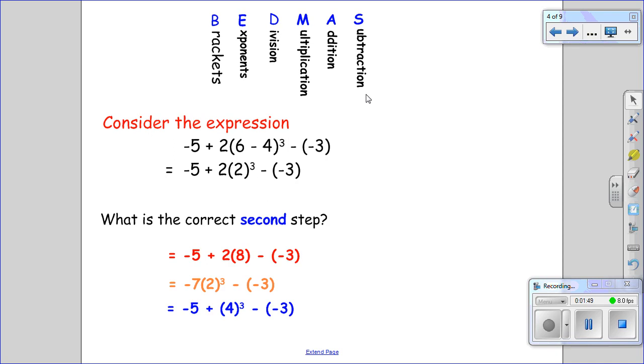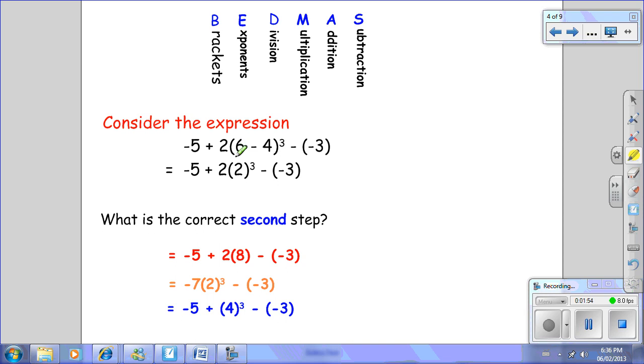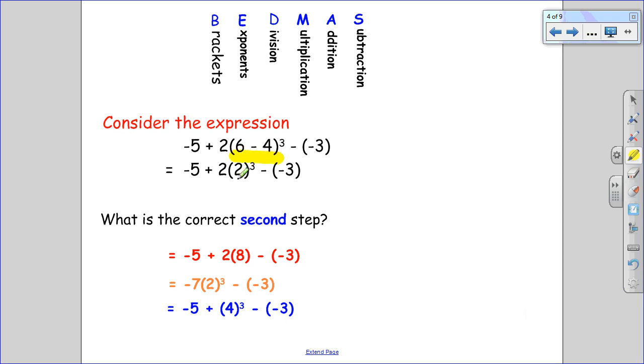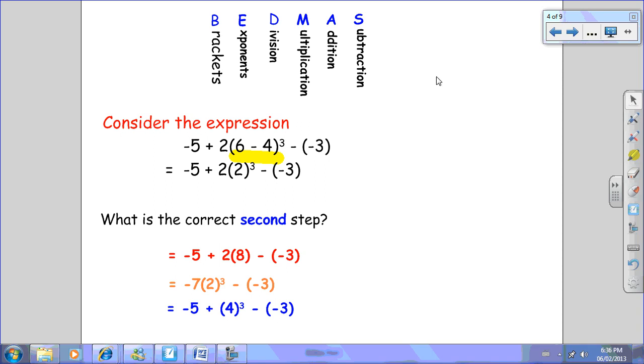Now, if we look at the next step, we've copied the answer from the previous page, so we dealt with our brackets first, and we've ended up with 2 cubed. So once we're done with the brackets, what has to happen next? We look for exponents. So which one has dealt with the exponents?